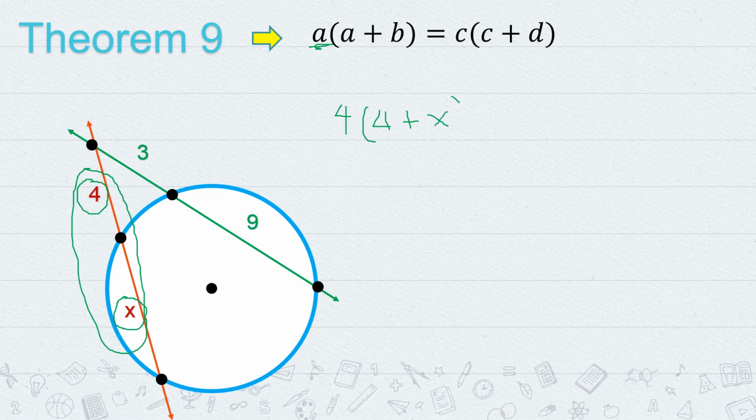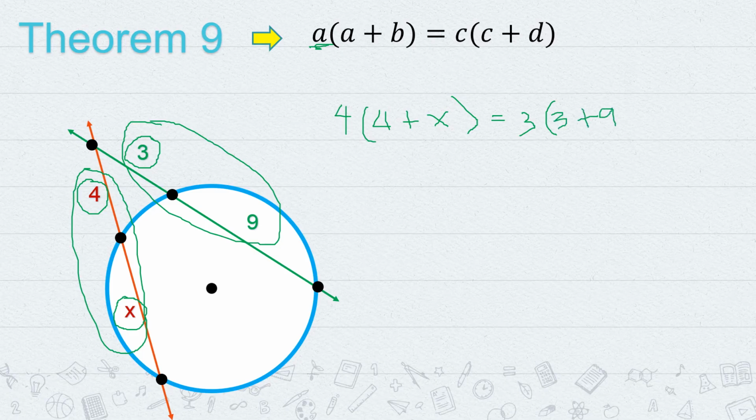Then we are to equate this to the exterior secant of the other secant line. So we do have 3. Then B multiplied to the sum of our entire second segment, which is 3 plus 9. So similar with the previous example, but in this case, our x appears on the left side of our equation.